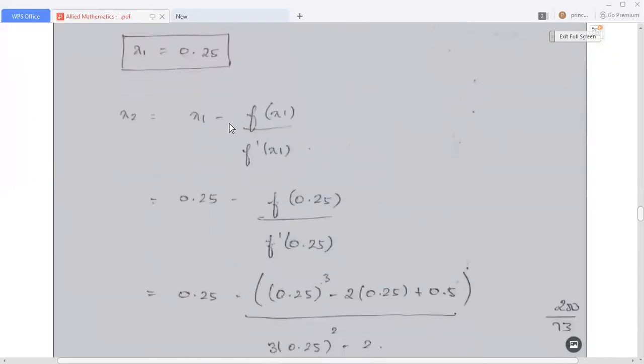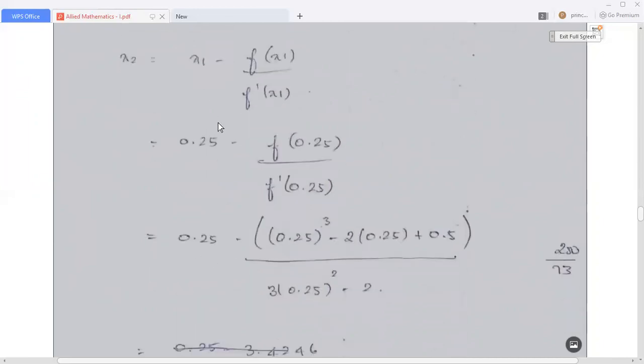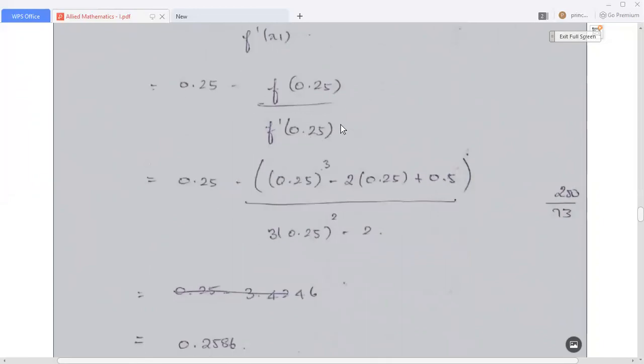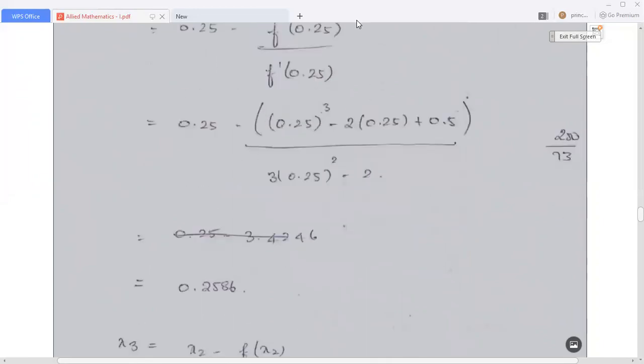Now we calculate the second approximation x2. x2 equal to x1 minus f of x1 by f dash of x1, that is equal to 0.25 minus f of 0.25 by f dash of 0.25. Now we calculate these values.